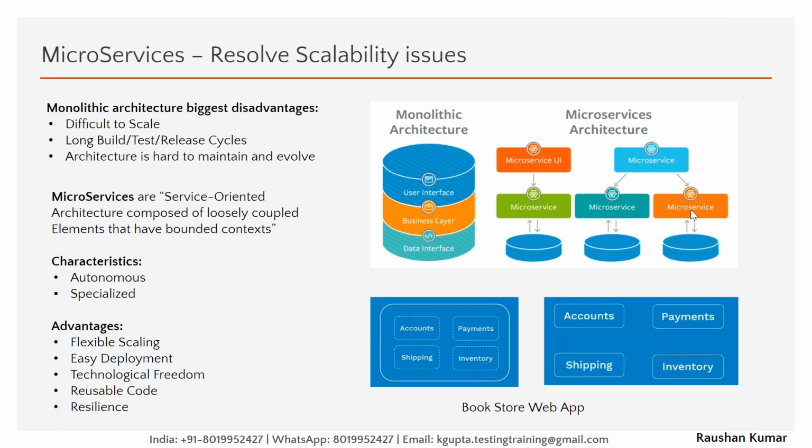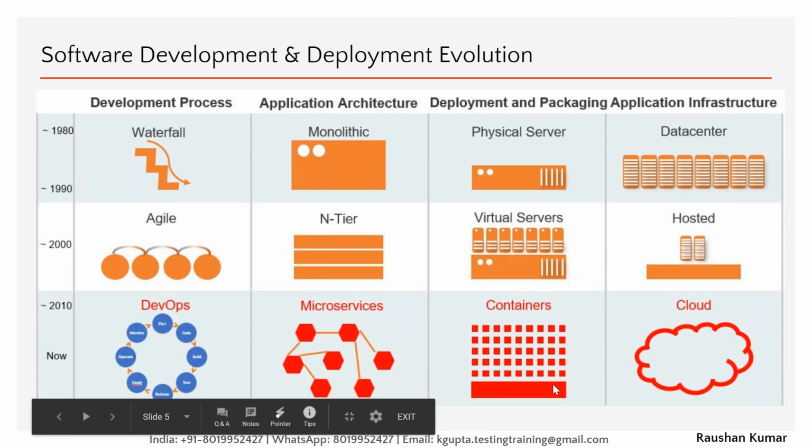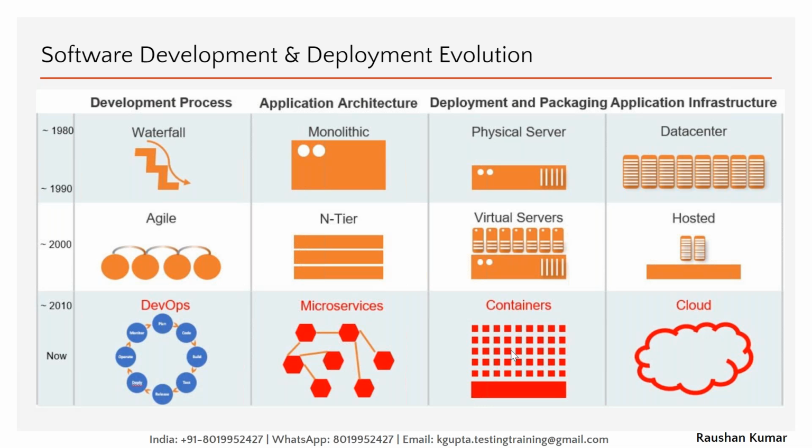These microservices can run in a VM or a physical server, but it's best to run them in containers. We started with physical servers, then went to virtual servers, VMs, and then we talked about containers. Our microservices run in containers because it's for the dedicated purpose.